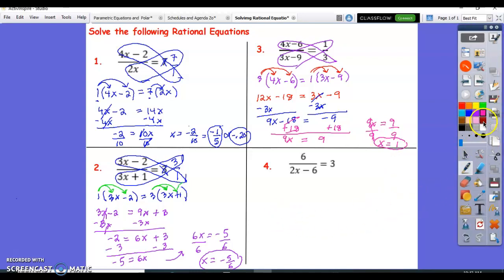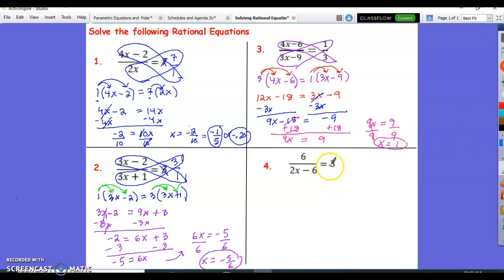All right, next we have 6 over (2x minus 6) equals 3. This is similar to numbers 1 and 2. We can rewrite 3 as 3 over 1 and then just cross multiply.